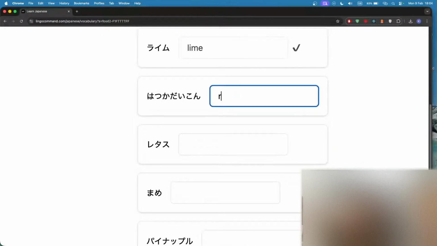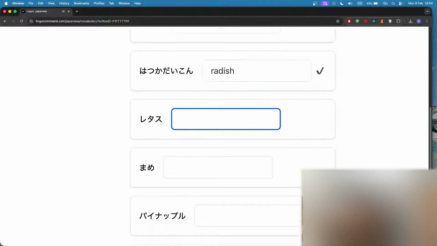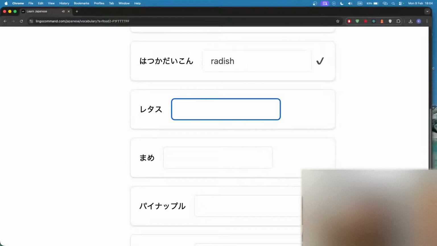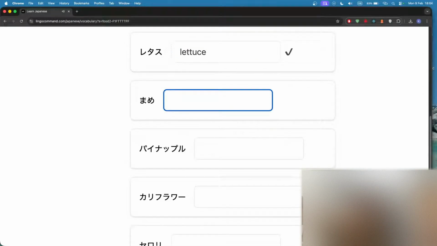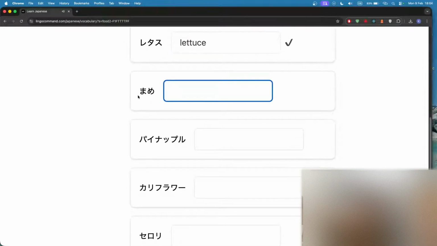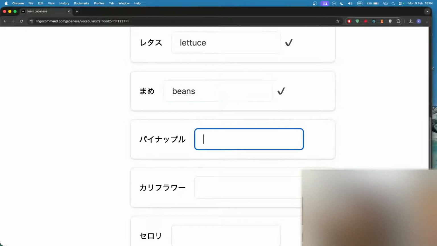Hatsuka daikon is a radish. And this is retasu. Retasu is lettuce. Yeah, because it's katakana, it's a loan word. So that's straightforward. And this is mame. It's hiragana. So no guessing using the English equivalent. But it just means beans.